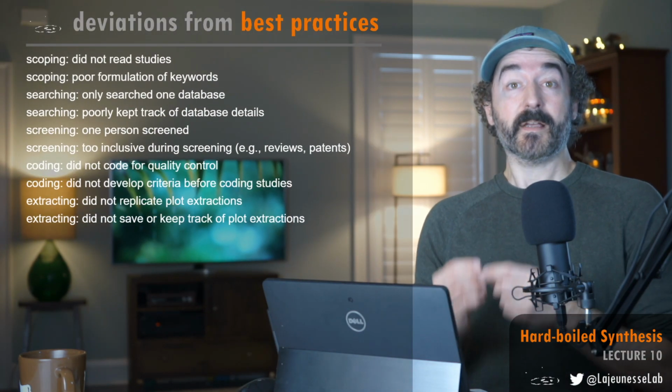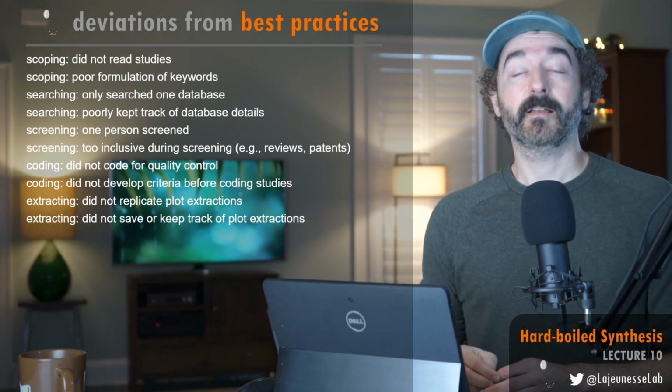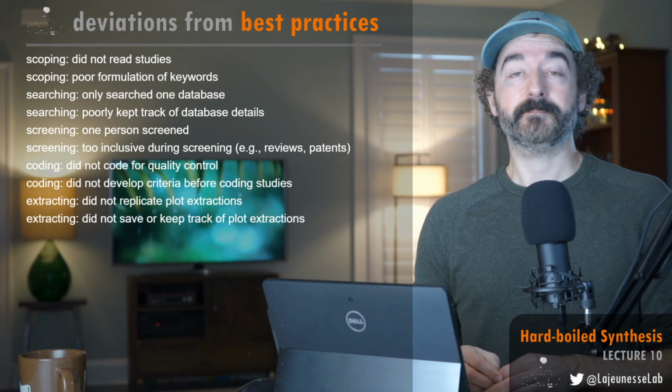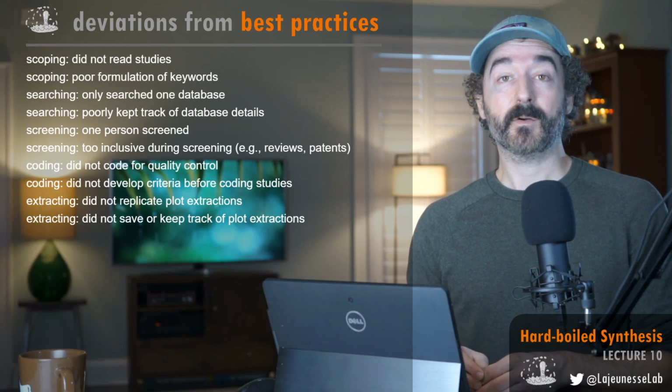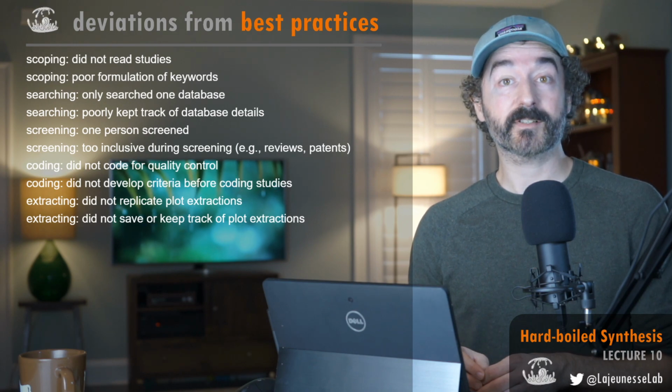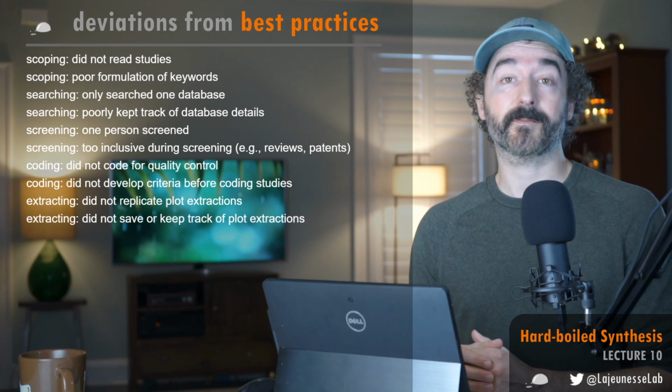Right? So if there is human error associated with my decisions, then a way to verify or replicate what I did is to look at what I originally extracted. And the way you go about that is to save your extractions.